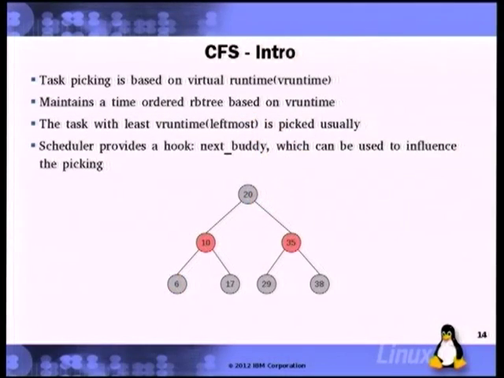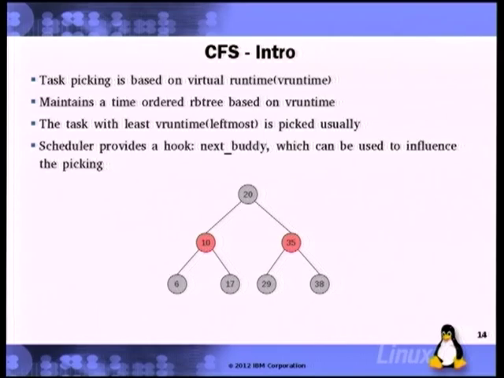Let us have some intro about CFS before I explain how we actually do gang scheduling. CFS, as the name suggests, the Completely Fair Scheduler, tries to be fair all the time. If I have, say, 4 tasks at the same priority on a single CPU, the scheduler would try to give 25% of the time to each one of them.